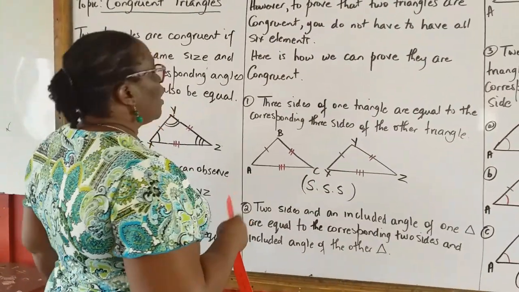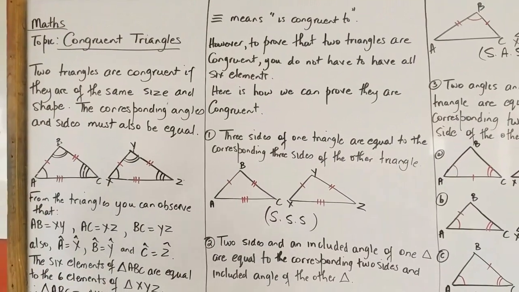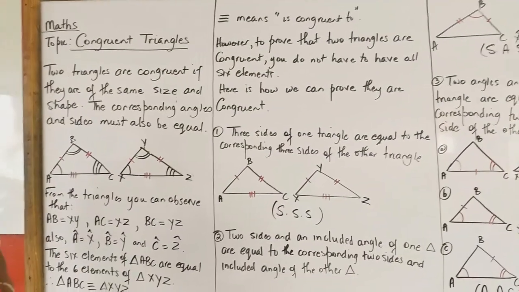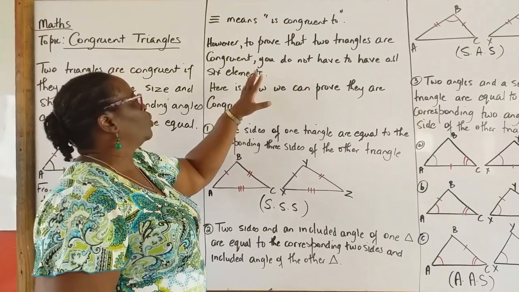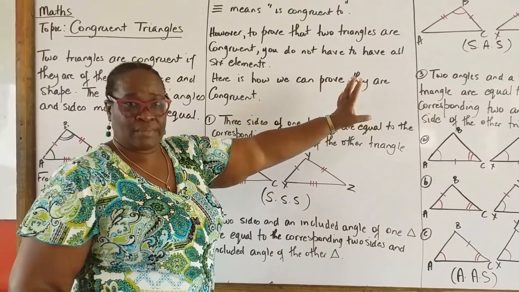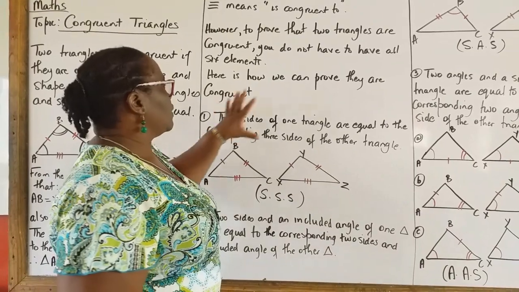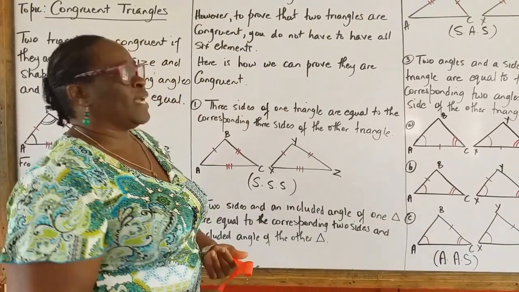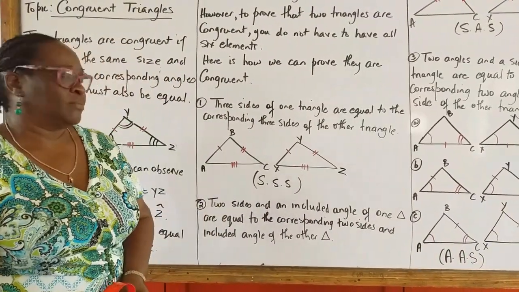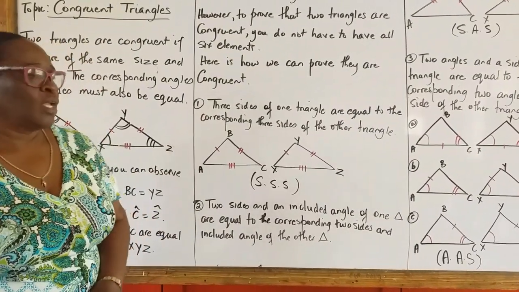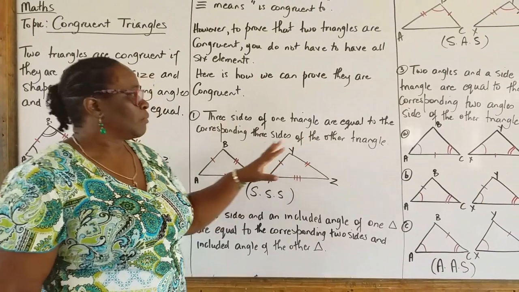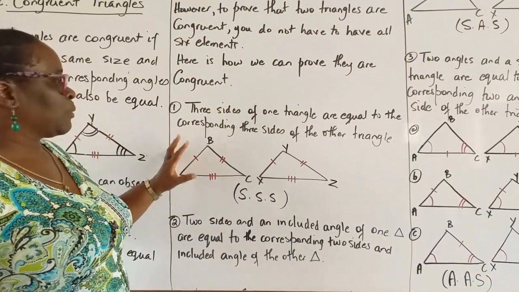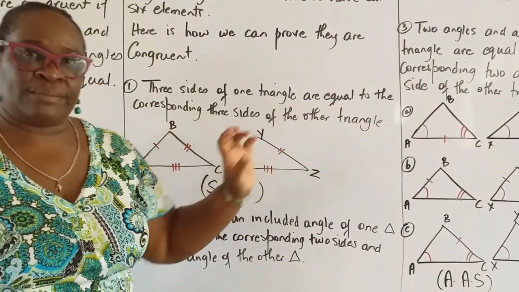Let's look at how we prove them if they are congruent. To prove that two triangles are congruent, we don't have to use all 6 elements. There are 4 different ways we can prove congruency. The first one: if we are given 3 sides of one triangle which are equal to the corresponding 3 sides of the other triangle.